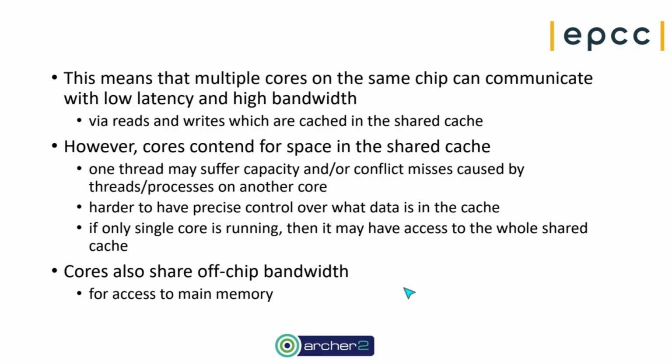This means multiple cores on the same chip can communicate with low latency and high bandwidth, because reads and writes are cached in the shared cache, but cores can contend for space in the shared cache.